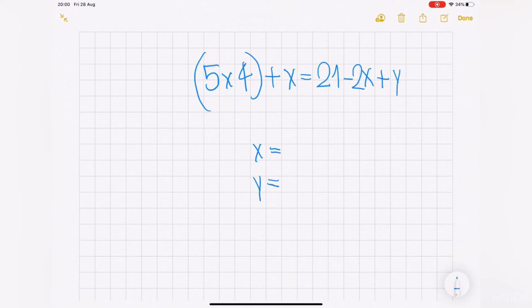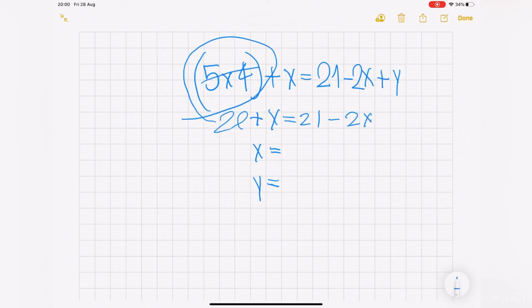As you can see, 5 times 4 is equal to 20, making 20 plus x equal 21 minus 2x plus y. And since we minus 20, this will be a 0. It will leave x with a 1 minus 2x.